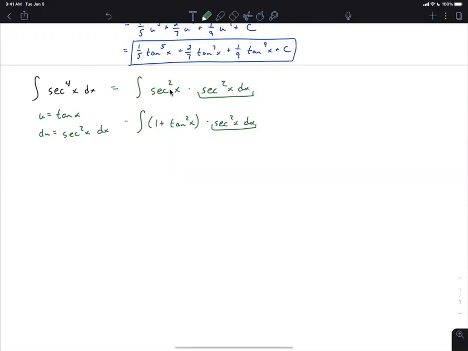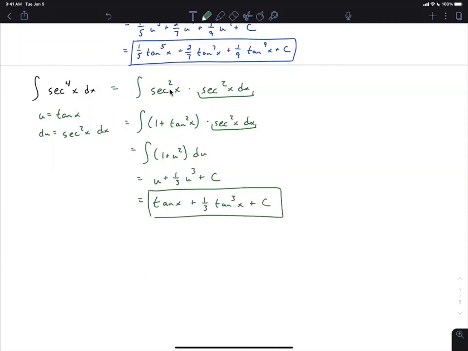And now that's 1 plus u squared du. And now that's u plus 1/3 u to the 3rd plus c. And u is tangent, so we get tangent x plus 1/3 tangent to the 3rd x plus c.